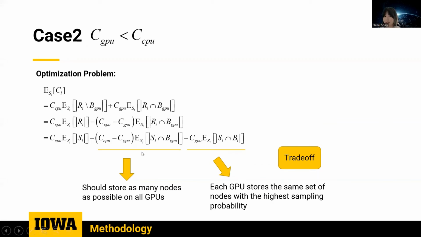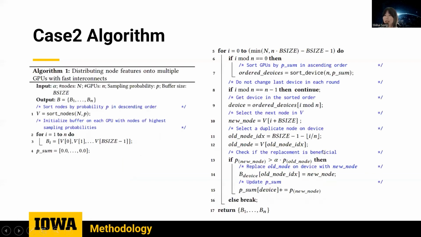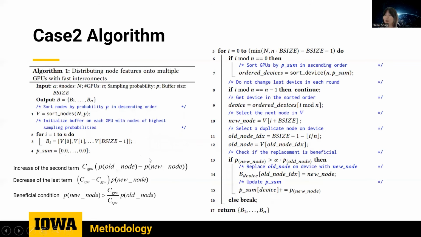And for the last term, because the old node in B_i is replaced by a new node, this term will be changed also. And we can describe the changes of the last two terms here.